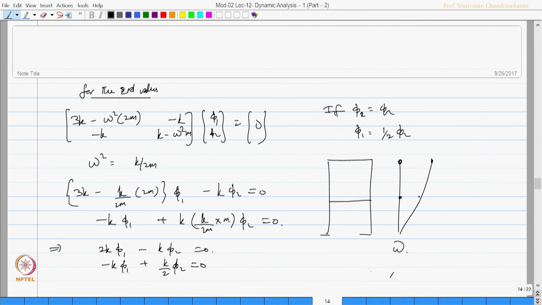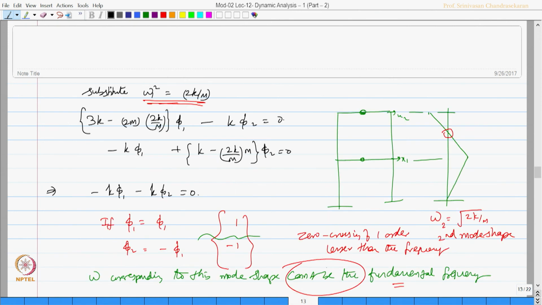The corresponding omega now is square root of k by 2m, and this is the first mode shape, which is 0.5 and 1. So, the earlier mode shape was correspondingly 1 and minus 1.